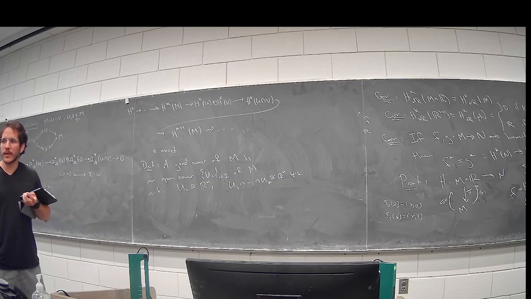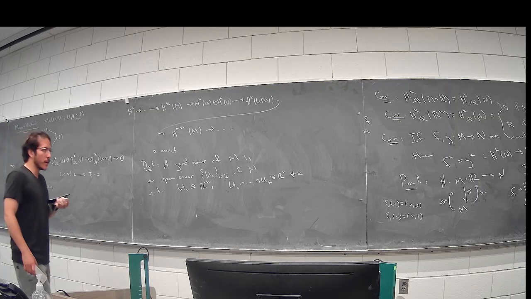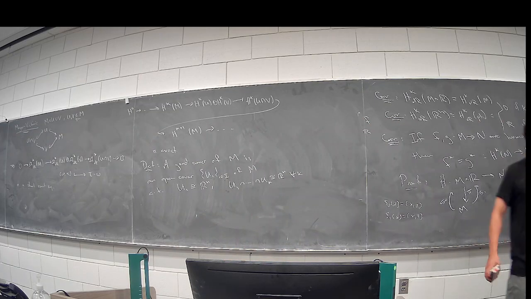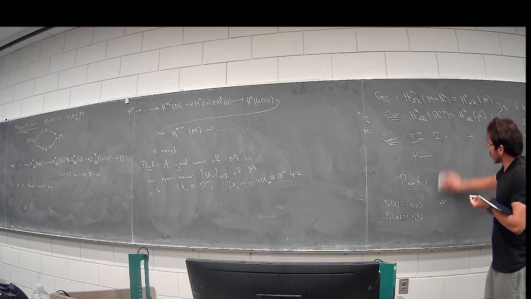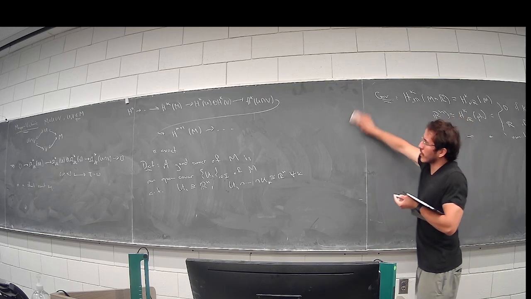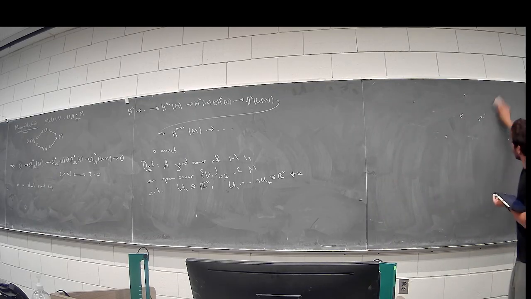But you can always make it, if you have a directed set, you can make it into a diagram. I'm not sure if it would coincide with the initial. I feel like it should. I'm not sure now, but I'm not a category theorist, so I'm not going to delve into that.